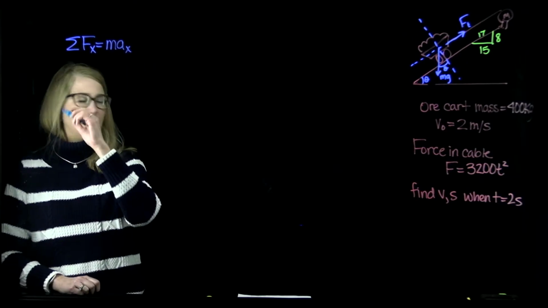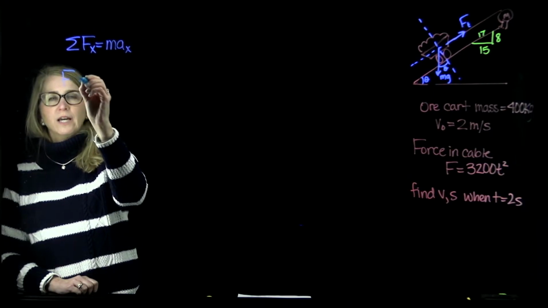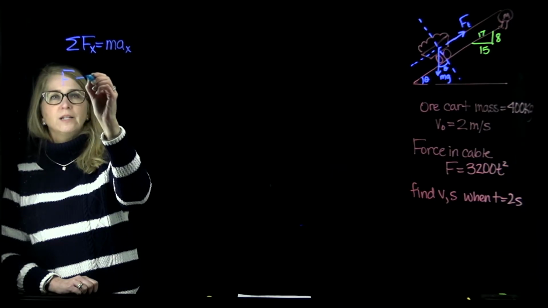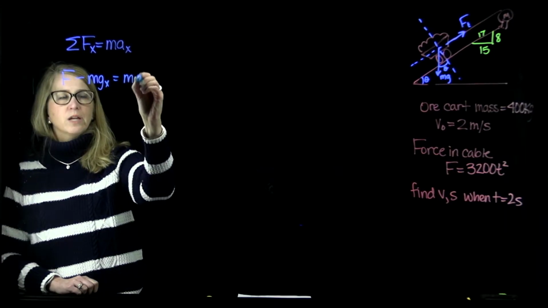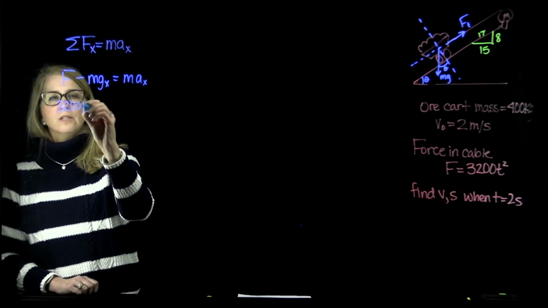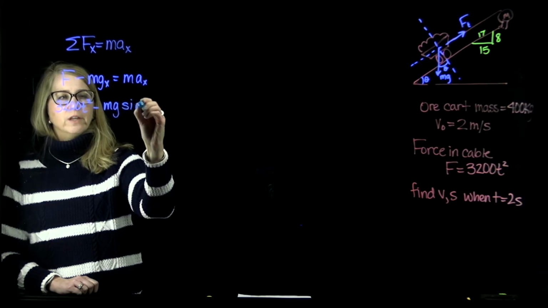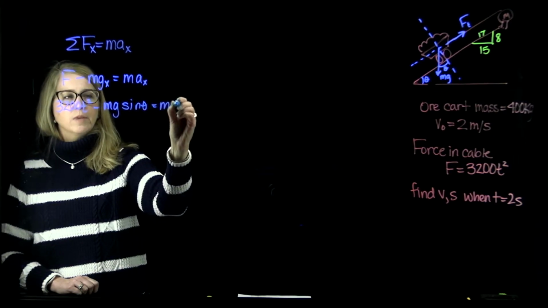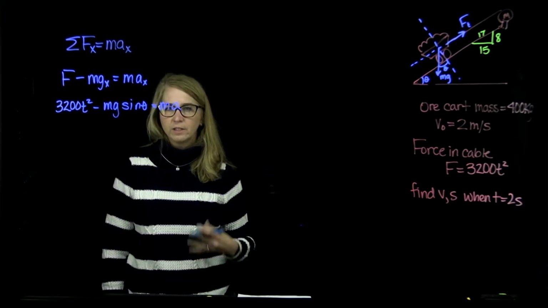So the forces I have acting are the force of the cable, which I'm just going to write as F right now, minus mg_x is equal to m times a_x. So this is 3,200 t squared minus mg sine of theta equals m times, and now I'm just going to call it a, because it's the only acceleration we have in this situation.